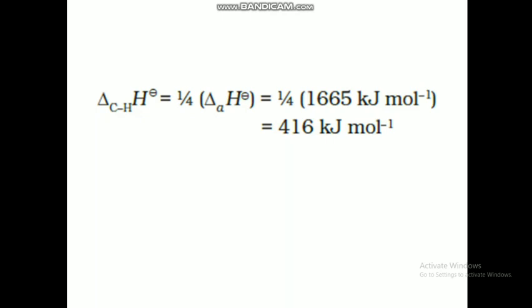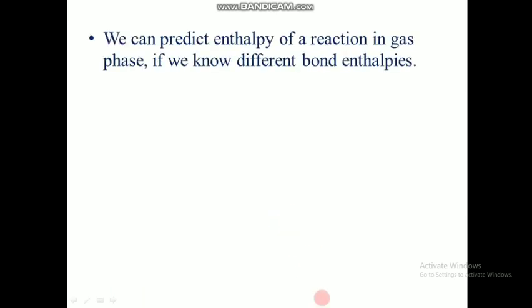And one more fact is that when we have the bond enthalpy, we can actually find the reaction enthalpy, or standard enthalpy of reaction, from these values. So we can predict the enthalpy of reaction in the gas phase if we know the different bond enthalpies. We say gas phase because we have the enthalpy of breakage of bonds in the gas phase only.